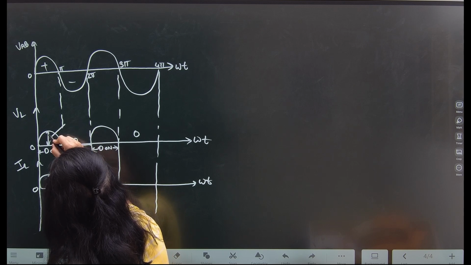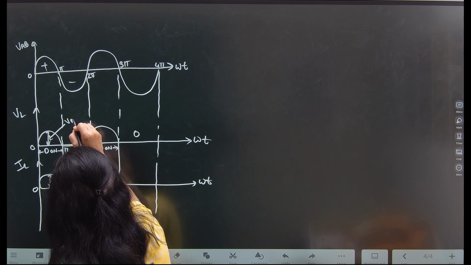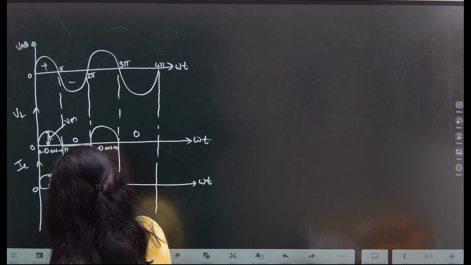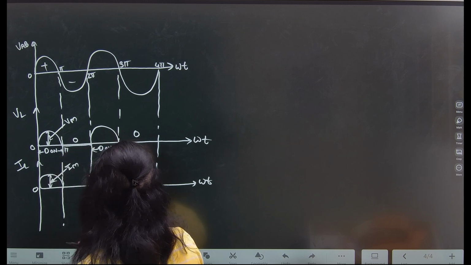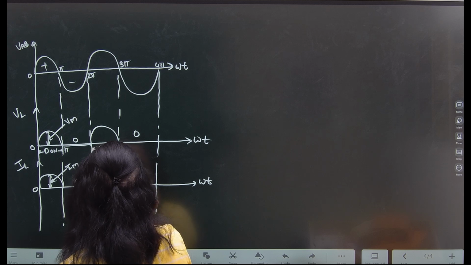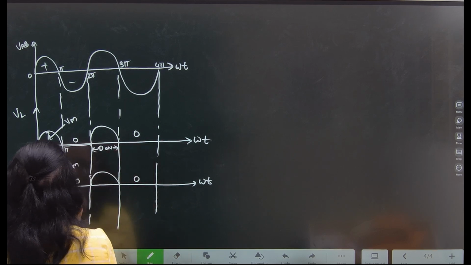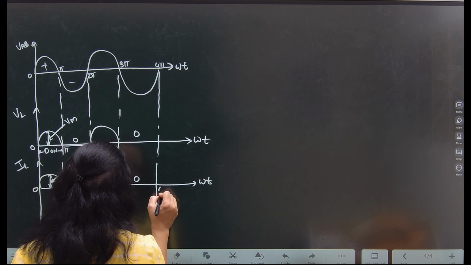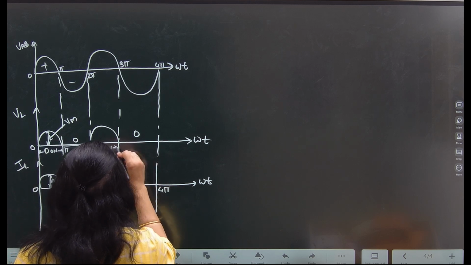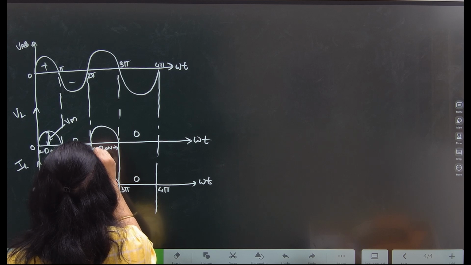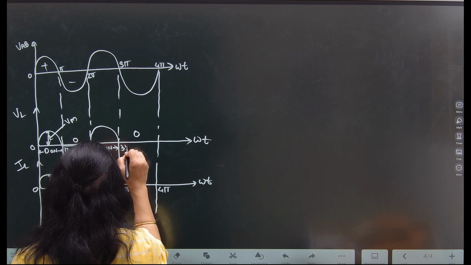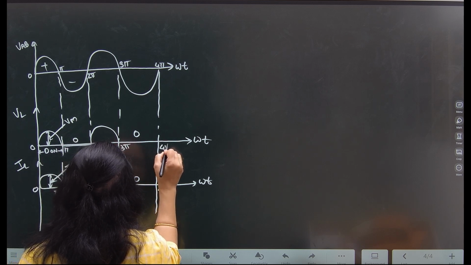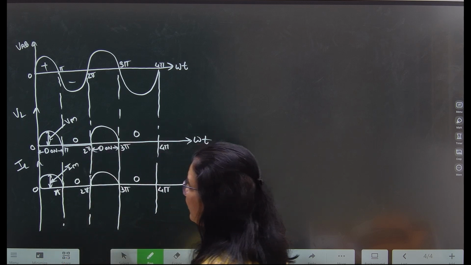This part is called Vm, and this is called the amplitude Im. Again 0 to pi, 2 pi, 3 pi, 4 pi, and so on. Clear?